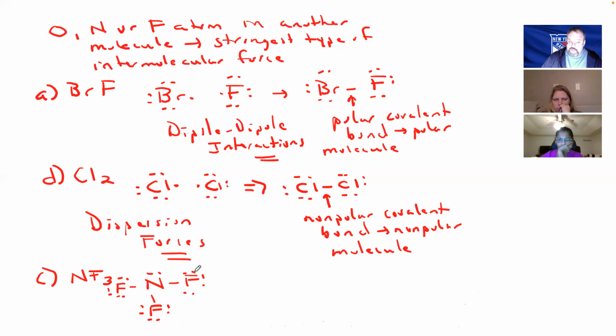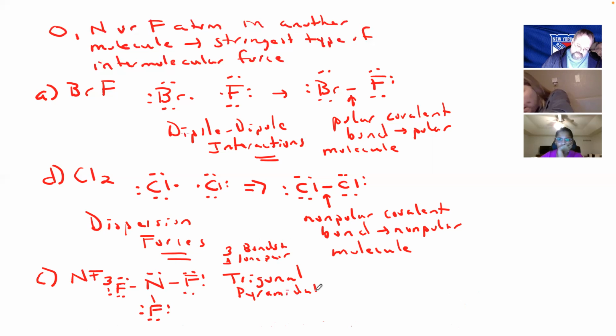So now it comes down to shape. The shape: 3 bonds and 1 lone pair. So what does that tell us about the shape? It tells us that the shape is trigonal pyramidal.